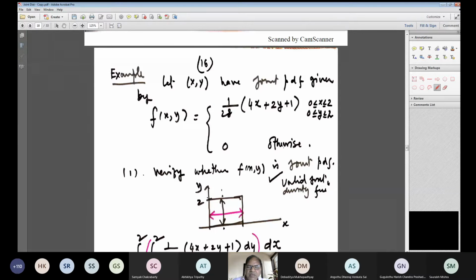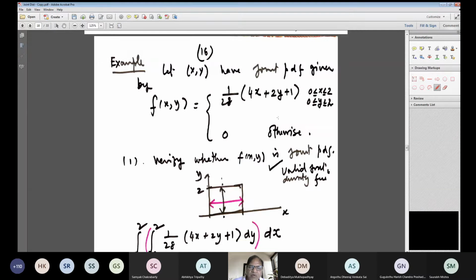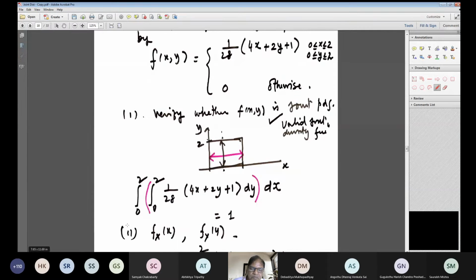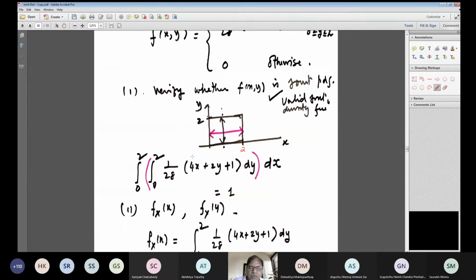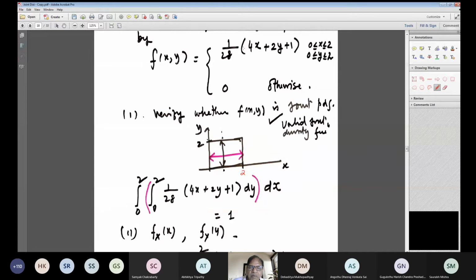Suppose I want to verify whether it is a valid density function or not. In that case, as you can see, we have to integrate this over the domain. Basically, x varies from 0 to 2, y varies from 0 to 2. So it is 1 by 28, 4x plus 2y plus 1 dy dx, where y varies from 0 to 2, and x also varies from 0 to 2.